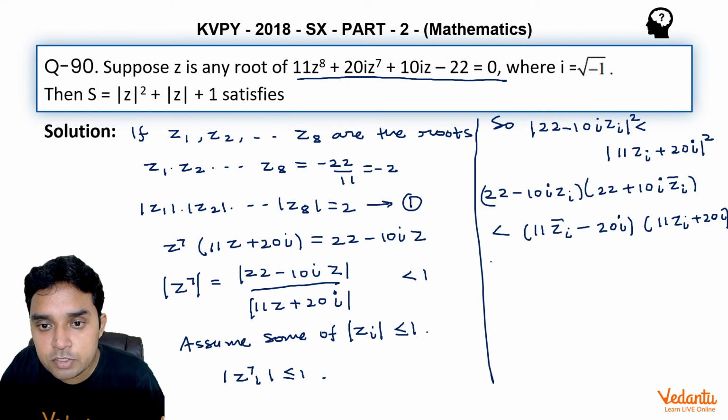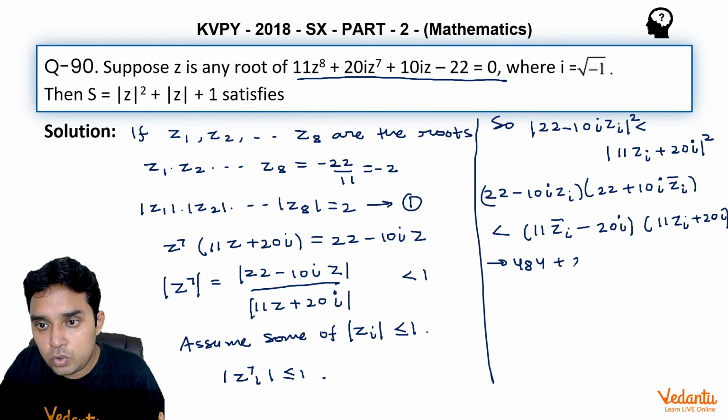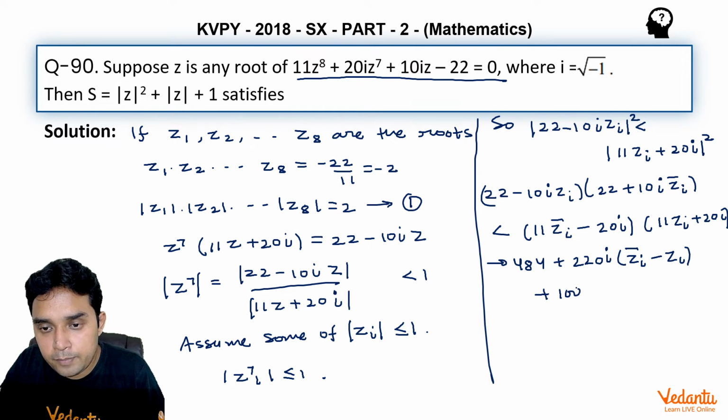Let us multiply these brackets. On the left hand side we get 484, and then we can take 220i common, and that will be (zi bar - zi). The remaining term will be plus 100, because i into i is minus 1.